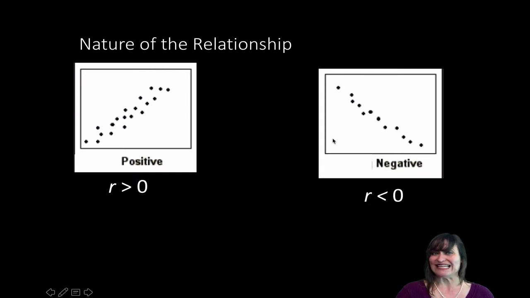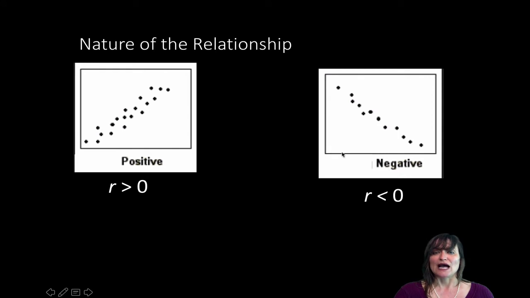The other nature could be that it's a negative relationship, that r is less than 0, that r is a negative number, and that the slope of the line is negative, that it goes down as we go from left to right.